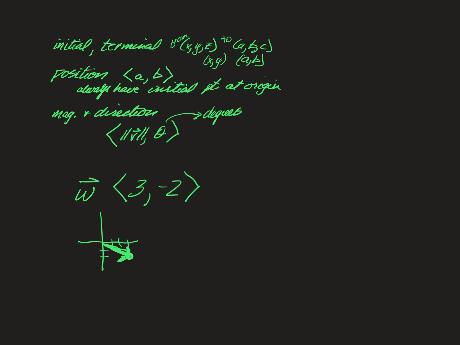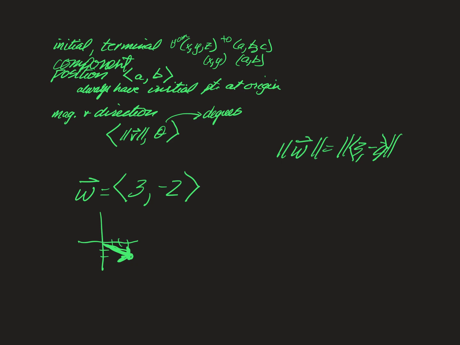And so the magnitude of vector W, which is the magnitude of 3, -2. Now notice this is a vector in position form or component form. All right, component, position, kind of mean the same thing.